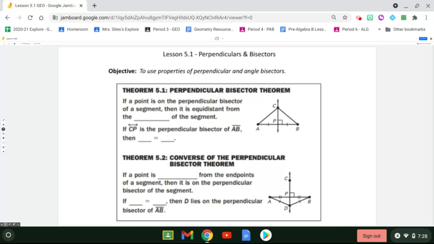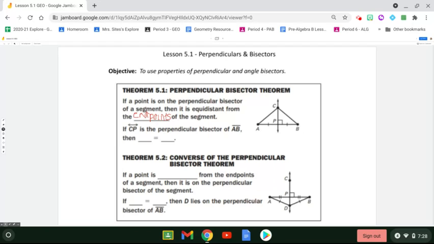It states if a point is on the perpendicular bisector of a segment, then it is equidistant from the endpoints of a segment. And so here's how this works. If you have line CP and it is the perpendicular bisector, which remember, bisect means to cut in half, and perpendicular means that it cuts in half at a right angle.